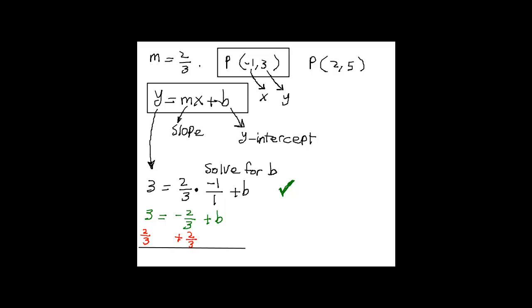So now we have 3 plus 2/3 on the left-hand side of the equation. On the right side of the equation, you would get simply B. That's what B is equal to. So far I found B is equal to 3, or 3/1, plus 2/3.